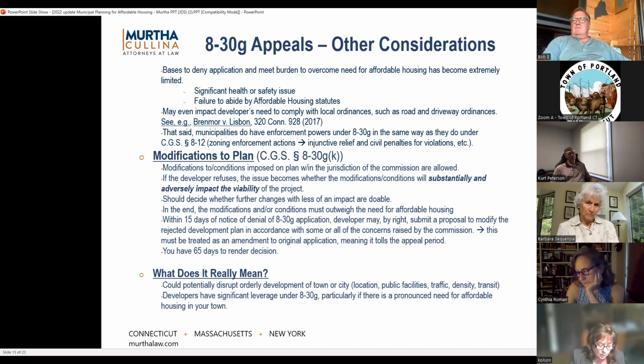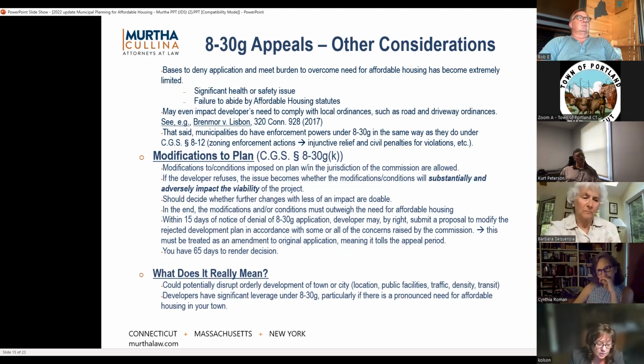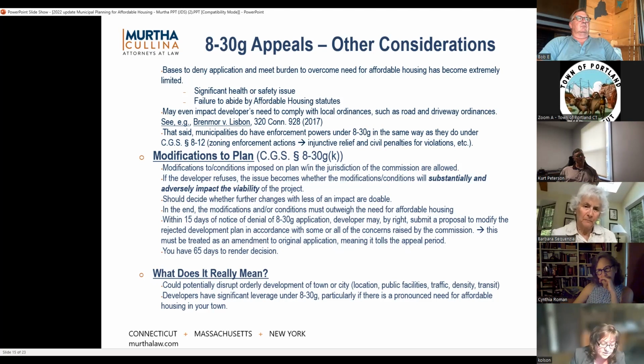Okay, so what that means is you have to look at the state median income when an application comes in, the current, and you also have to look at the area in which the municipality is located. And you're considered located in the Hartford, West Hartford, East Hartford, CT HUD, Metro, FMR area. And in 2023, the median family income in that area is $118,100.